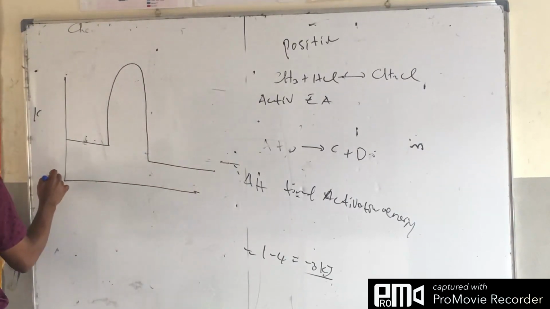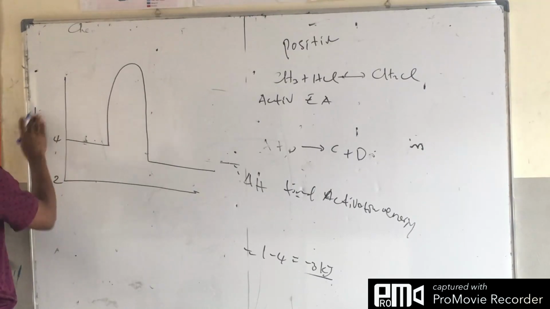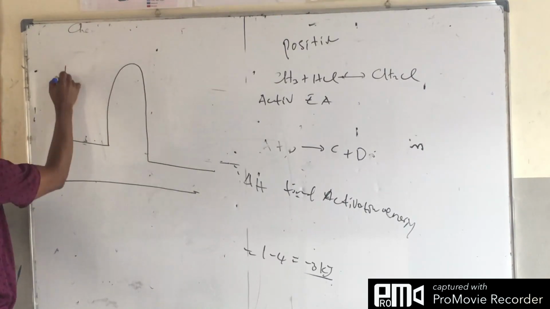So you have 2, you have 4, you have 6, and you have 8.